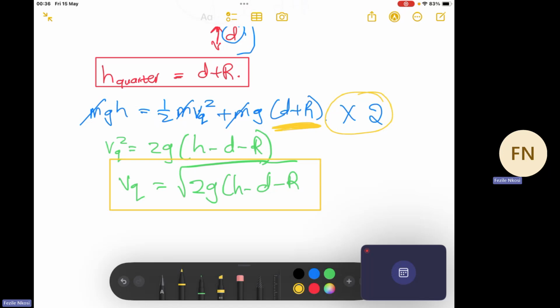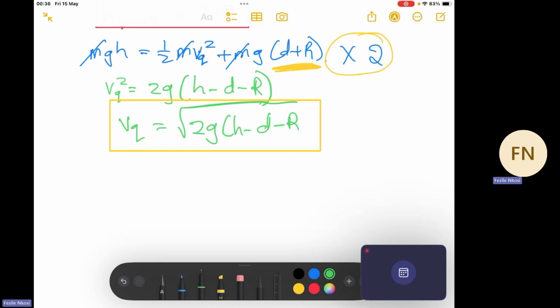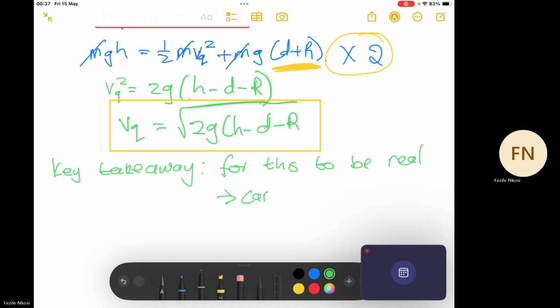Right. So yeah, key takeaway, I think, looking at this question.